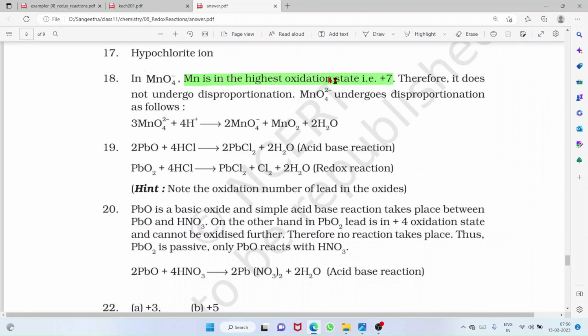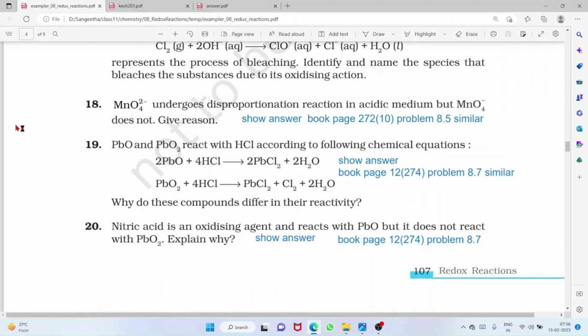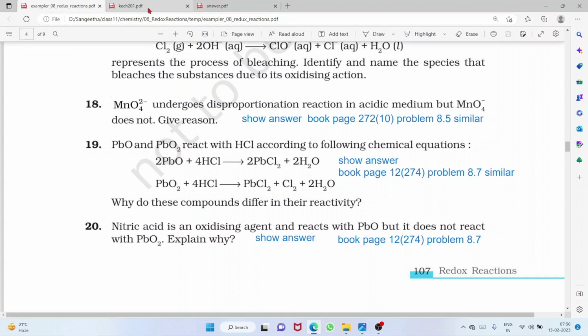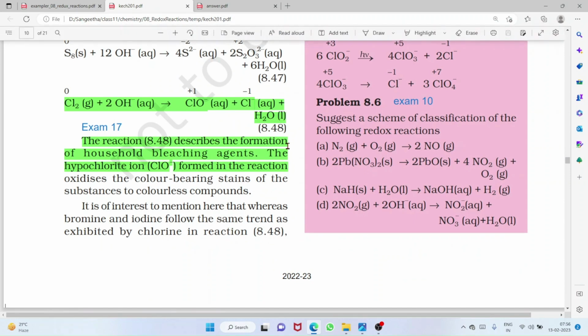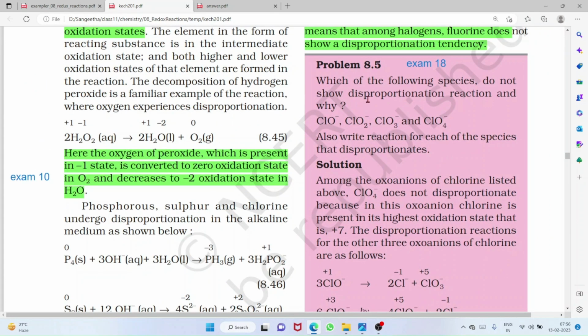So here the thing is that it's already in the highest oxidation state. Okay, you can refer to this problem also 8.5. Okay, so which of the following species do not satisfy? So you can go through it. This is the main thing, the highest oxidation state.